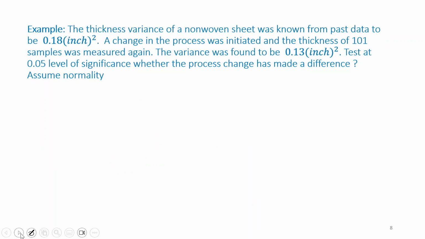This is another example based on hypothesis testing of variances. The thickness variance of a non-open sheet was known from past data to be 0.18 inches square. A change in the process was initiated and the thickness of 101 samples was measured.